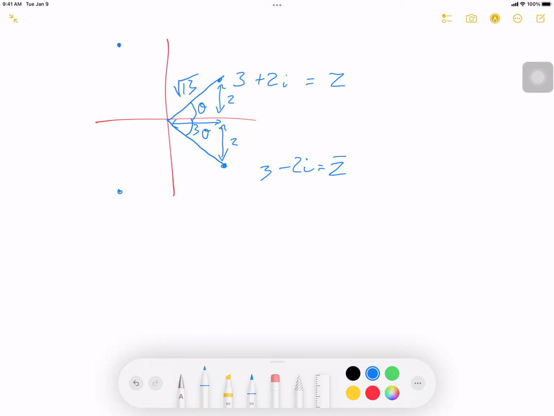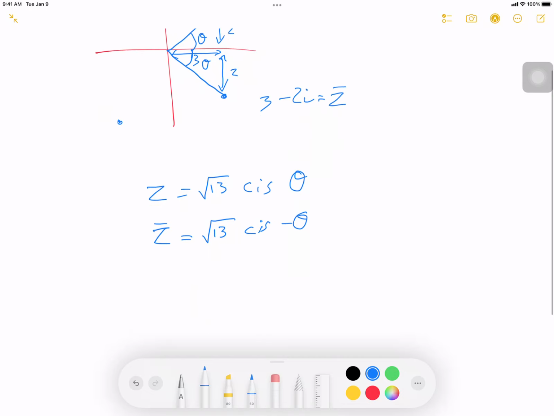So if I were to write z in polar form, my modulus would be root 13, and then I would have cis, and I'm not even going to work out what theta is because I really want to make a point here. If I've got the conjugate, then that's also going to be the same distance from the origin, and it's going to be cis negative theta. On the diagram that's theta, obviously we would call it negative theta.